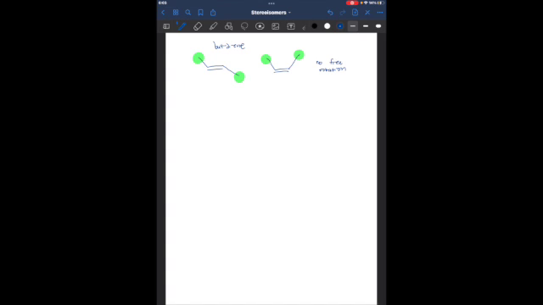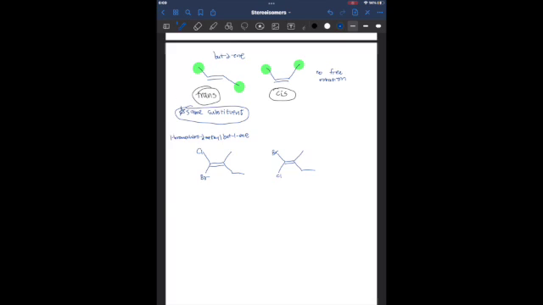So if two of the same substituent are on opposite sides of the double bond, that's called the trans isomer. If they're on the same side of the double bond, that is the cis isomer.